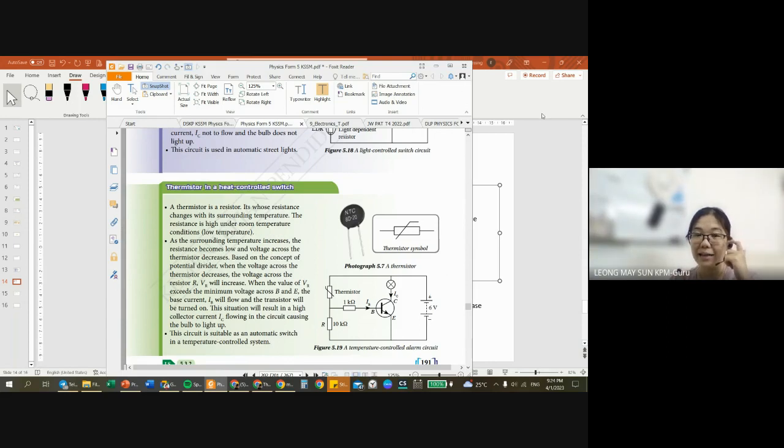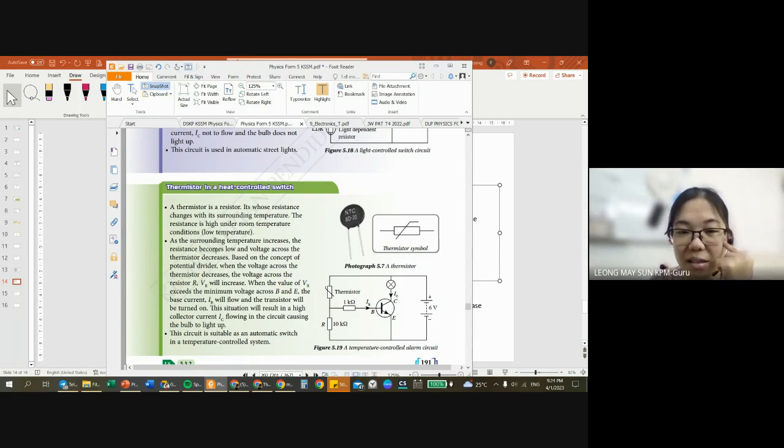LDR at night, high resistance. Nighttime is colder, so you can actually use that to remember. Nighttime is colder, so thermistor resistance is high. LDR, nighttime, it's dark, resistance is high. Then thermistor during higher temperature, resistance will drop.